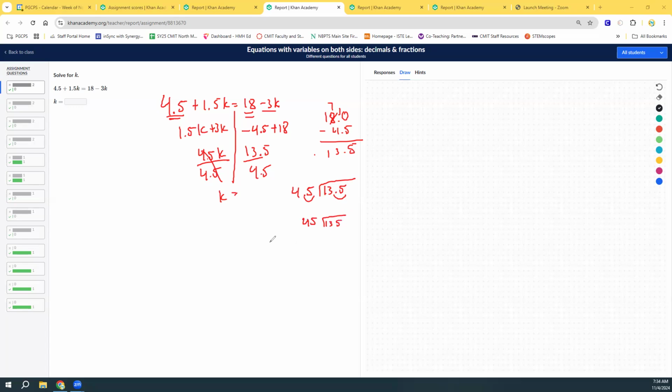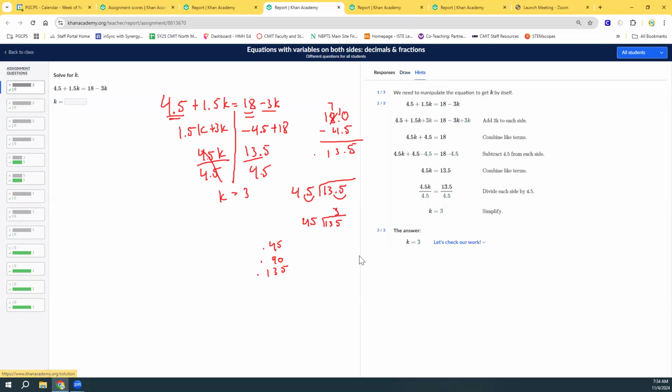And then you just write down your multiples of 45. And look at that. 45 goes into 135 3 times. So the answer is 3. The answer is 3. Okay.